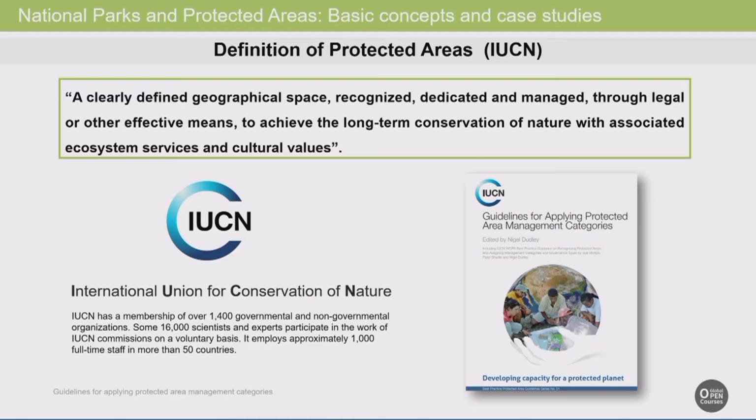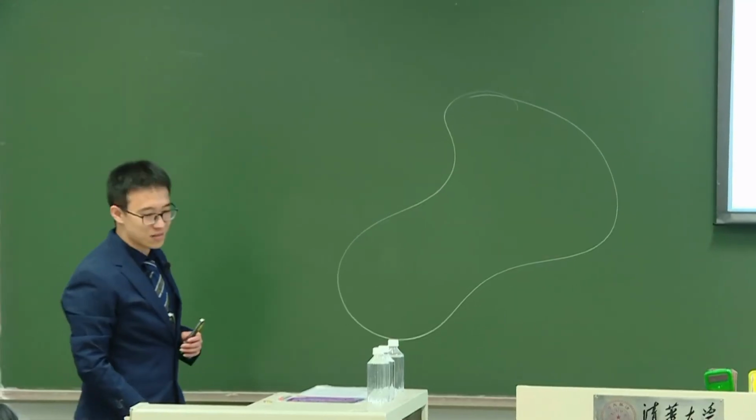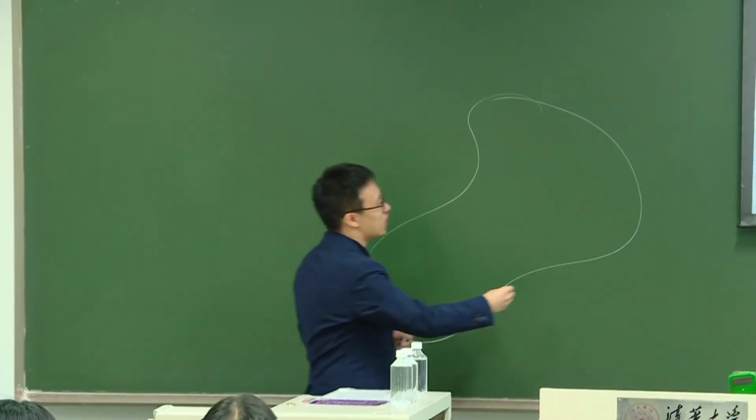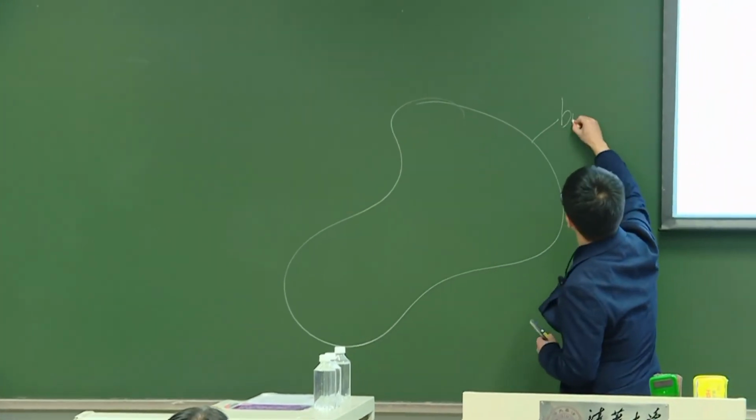So protected areas, the first element is a clearly defined geographical space. That means it should have a boundary. Every protected area has a boundary.